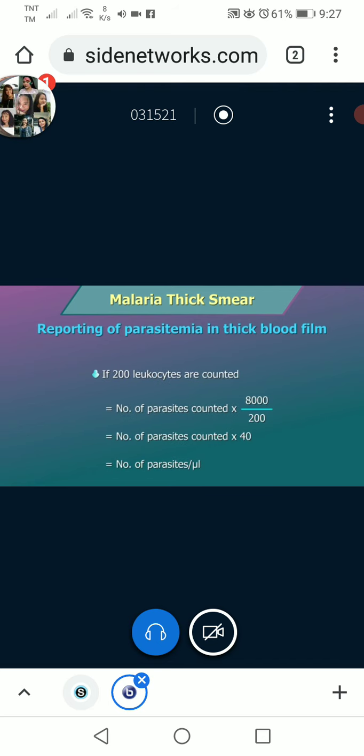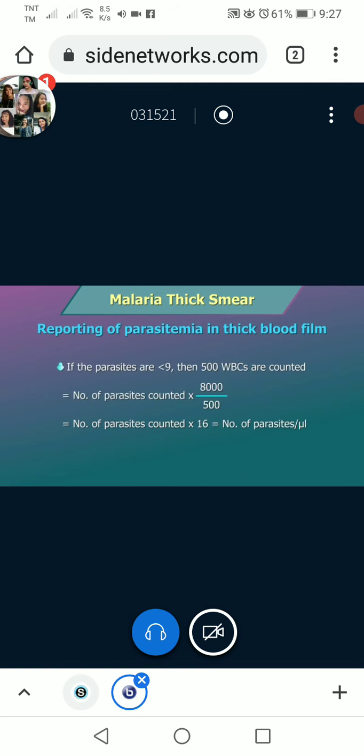Or, if 200 leukocytes are counted, number of parasites counted multiplied by 40 gives us number of parasites per microliter of blood. If the parasites are less than 9, then 500 WBCs should be counted, and the formula will be number of parasites counted multiplied by 16 to give us number of parasites per microliter of blood.